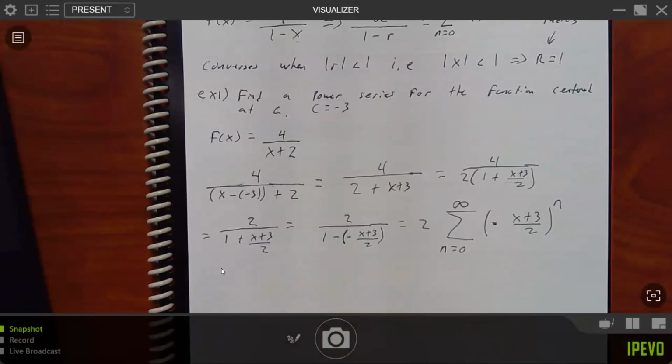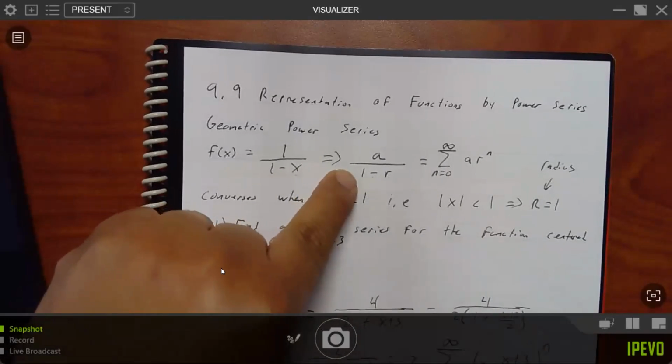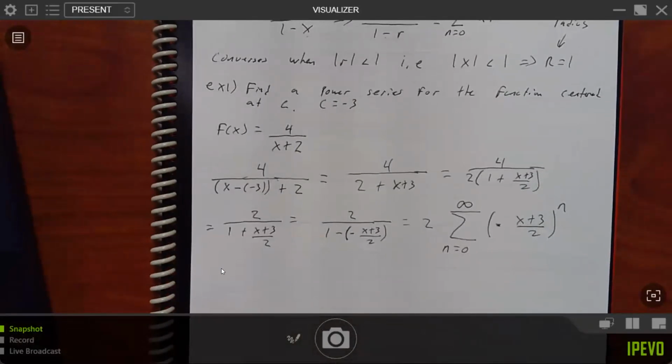So basically we're trying to get it in this form, figure out what the r is, and that's going to go in here. That's all we're doing. Given a function, maybe I can set it up as a geometric series.